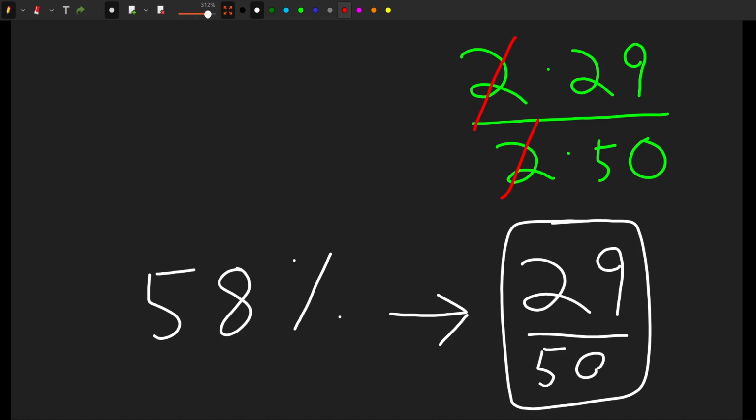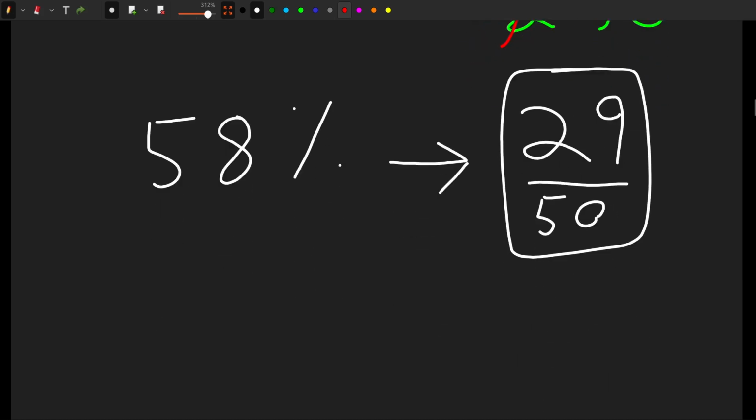Okay, the last thing, actually we'll talk about 2 more things. We'll talk about now rewriting a percent as a decimal. If we look at the very beginning of this video, we talked about moving the decimal point 2 spots to the right. Well, in this case, we just move it 2 spots to the left.